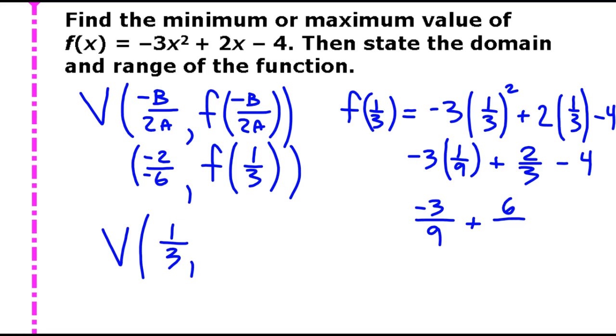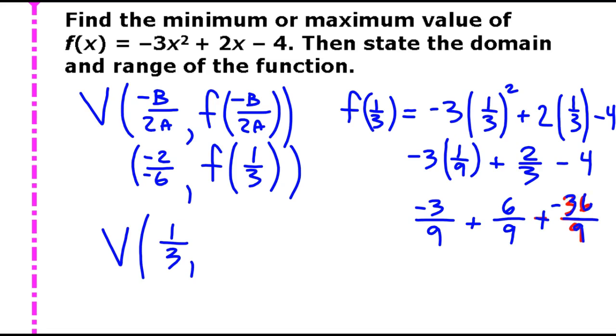That's funny because I wrote a 6 instead of a 9. All right, 6/9, and then how many ninths is 4? What's 9 times 4? 36 ninths. So add those all together. Don't forget the last one is a negative, so we have plus and negative.